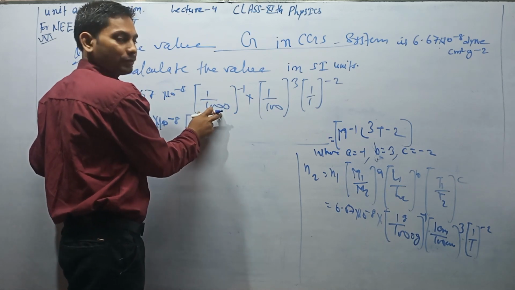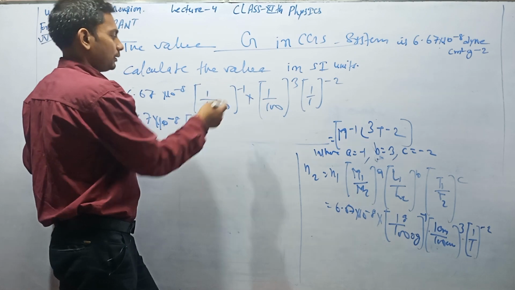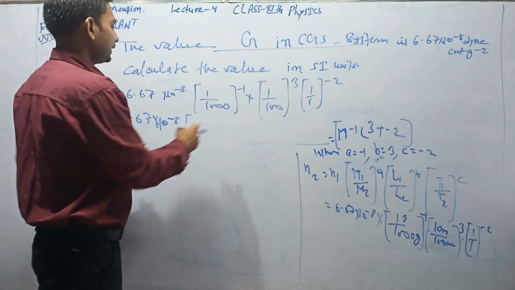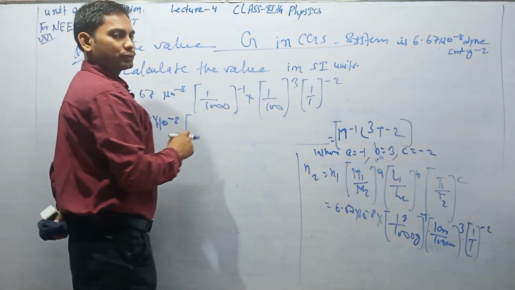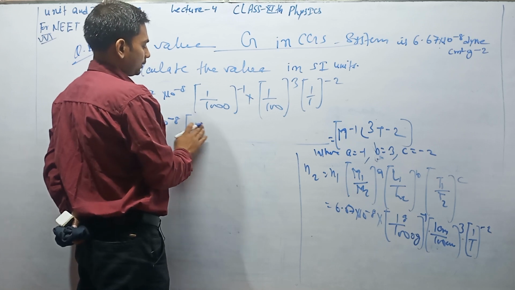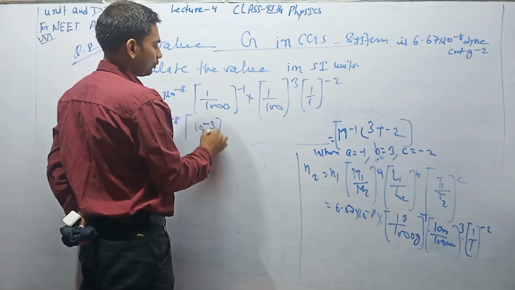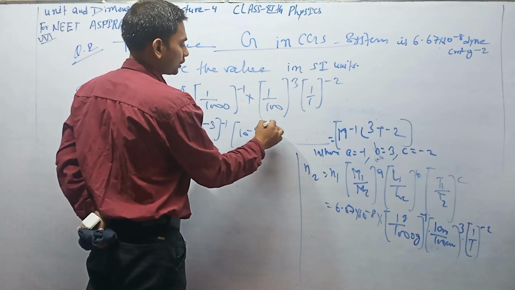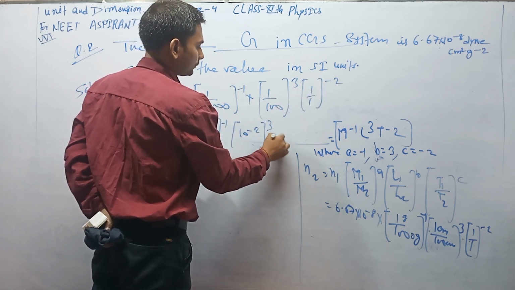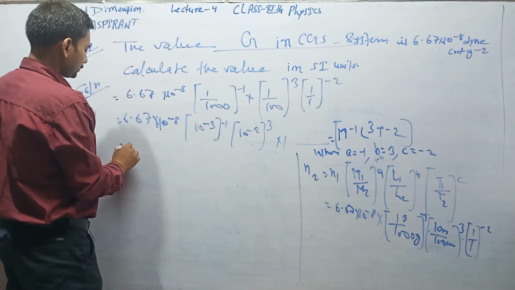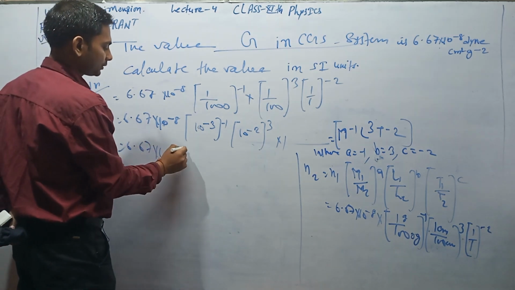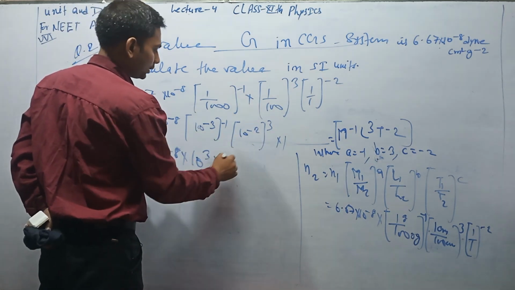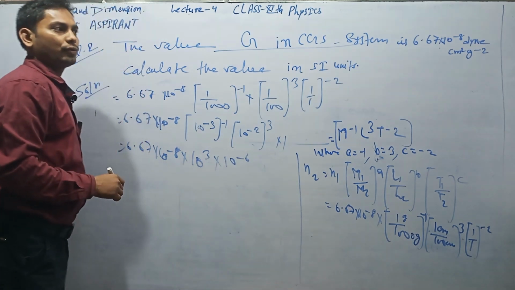Here the denominator you take, I take in numerator, then it is 10 to the power minus 3 whole to the power minus 1, 10 to the power minus 2 whole to the power 3 and 1. So 6.67 into 10 to the power minus 8 into 10 to the power 3 into 10 to the power minus 6. Okay.